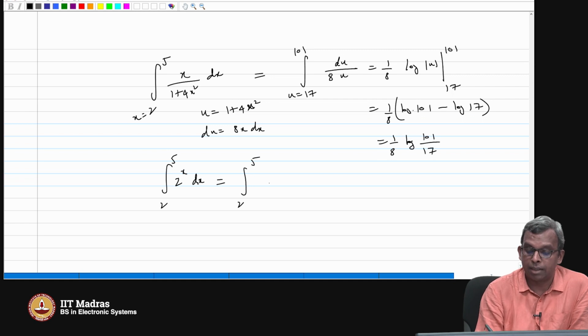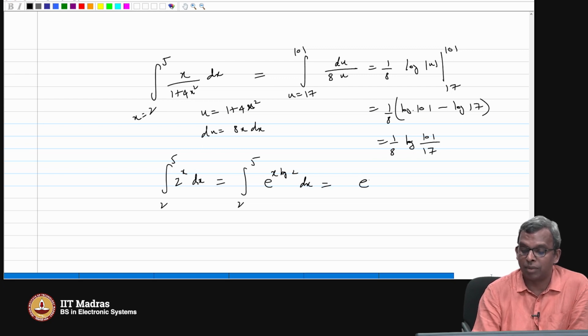So, this is the same as e power x times log 2. Okay. So, this I think is something that is very important. So, e power x times log 2 is e power log 2 power x, which is just 2 power x. So, this is the same as 2 power x. Okay. So, once you have this, everything is very easy, because the antiderivative of e power x log 2 is trivial, and then you do this, you get the answer.